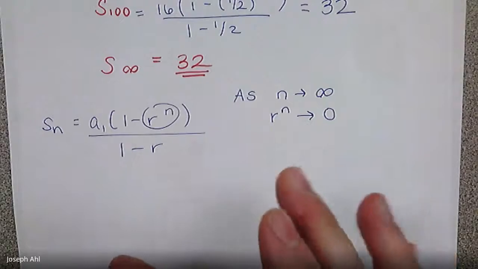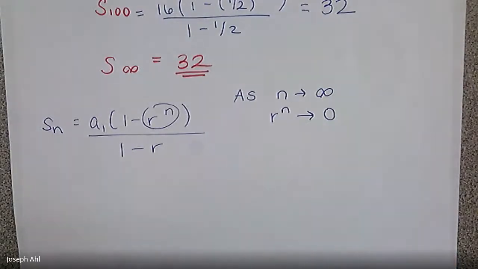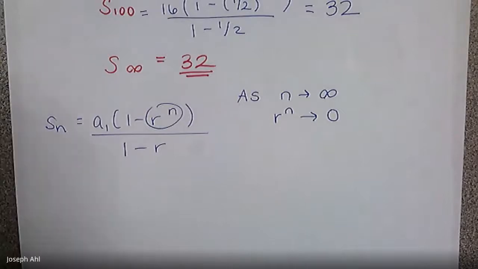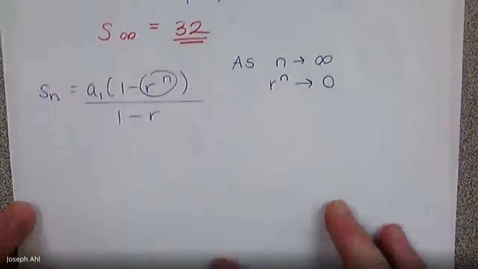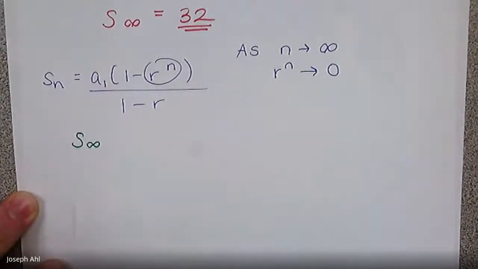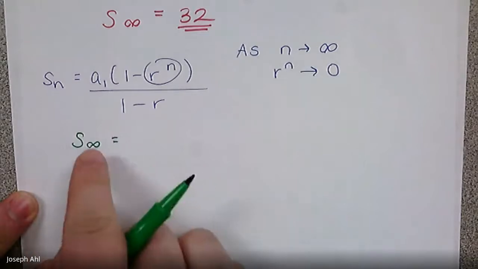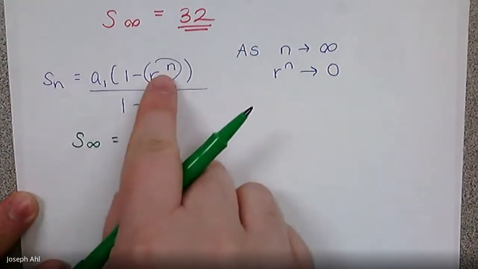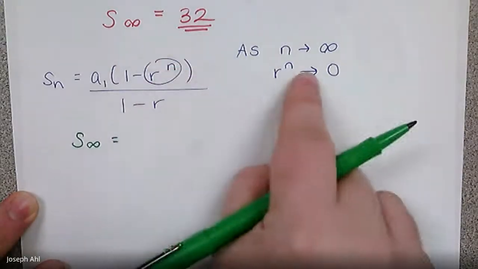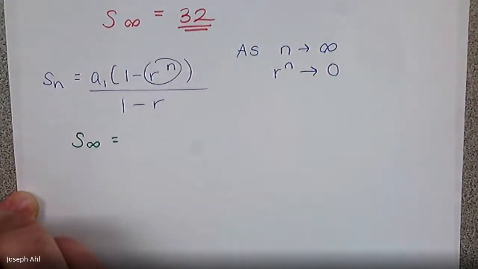So this is going to lead us towards developing a formula for an infinite geometric series. Instead of saying S sub n, where n is a specific number of terms that we're adding up, I'm going to write it as S sub infinity. And as n gets closer and closer to infinity, we saw on that graph that r to the n is getting closer and closer to 0.